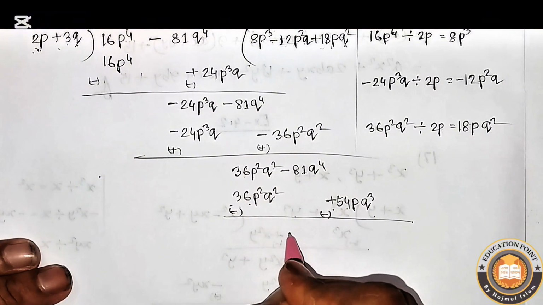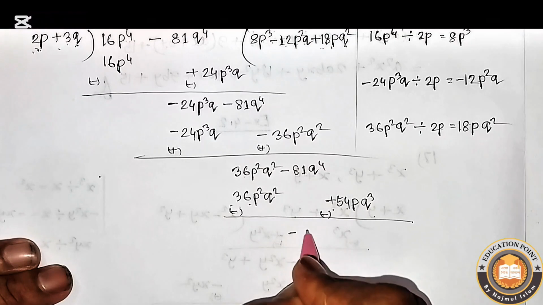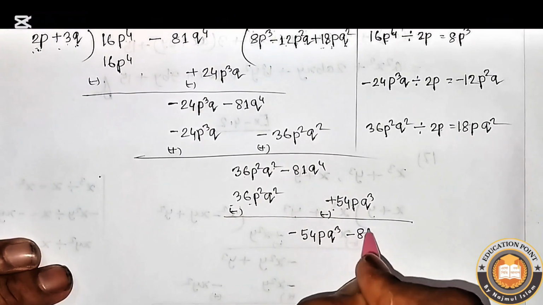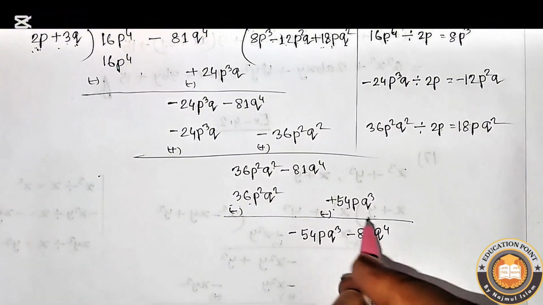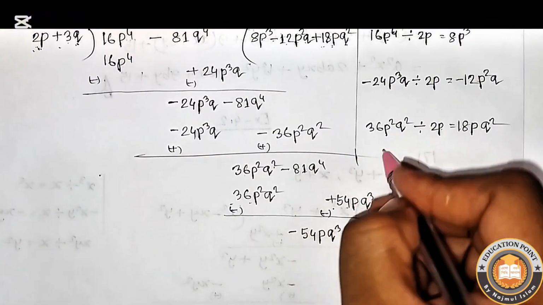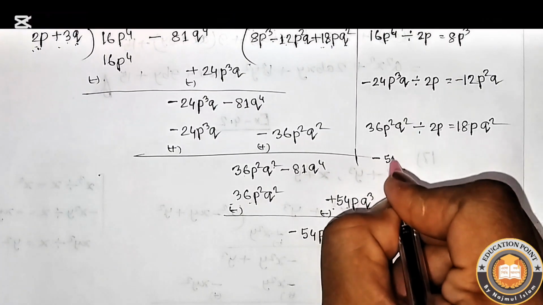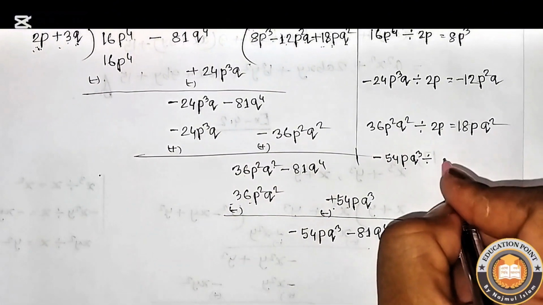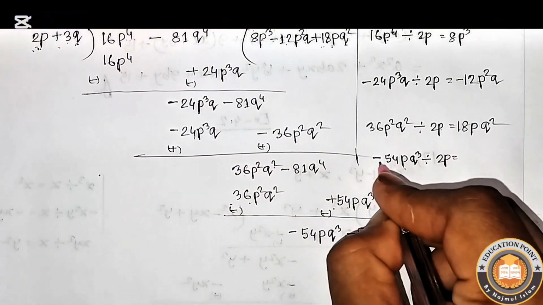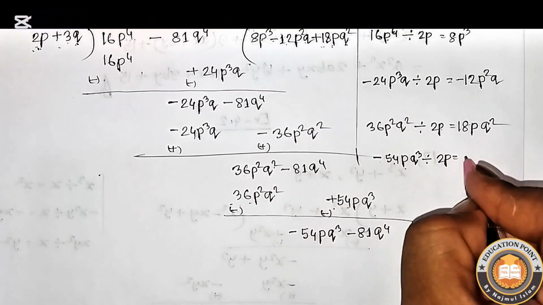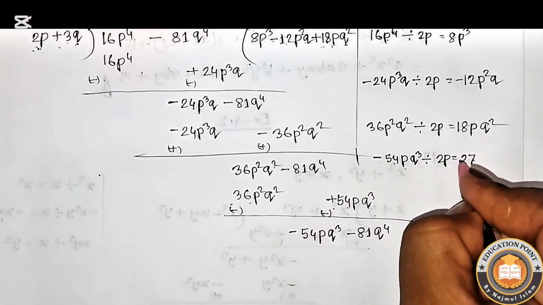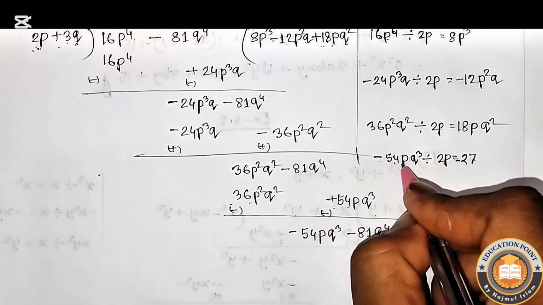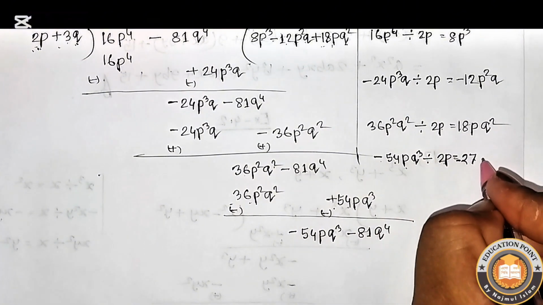Then we can write minus 54 p q cube, then minus 81 q to the power 4. Now minus 54 p q cube divided by 2p. Minus 54 divided by 2 equals minus 27, p divided by p equals 1, then q cube.